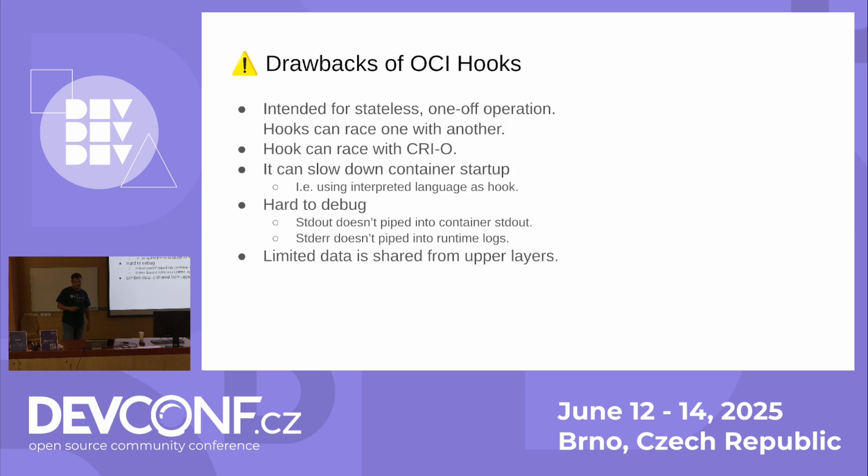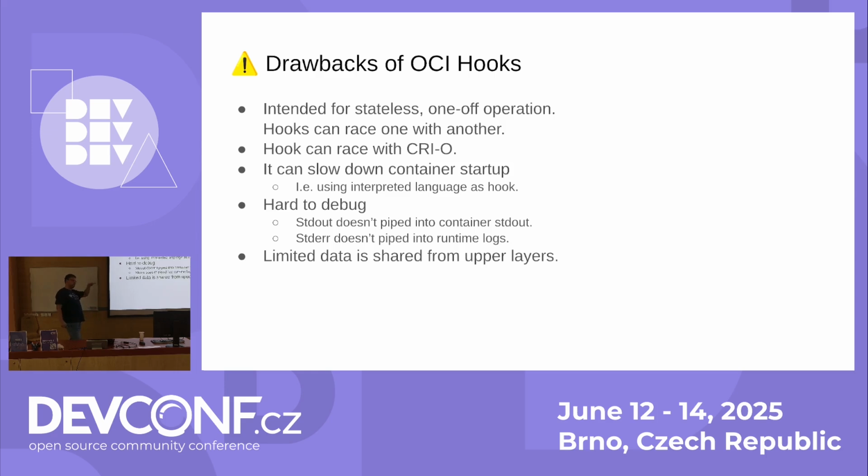But there is something important to know about OCI hooks: it's intended for a stateless one-off operation. If you think about how these OCI hooks are run by the container runtime, it just forks the process and calls the executable that you defined in the config JSON. So it basically cannot communicate with the upper layers and cannot communicate what it does.